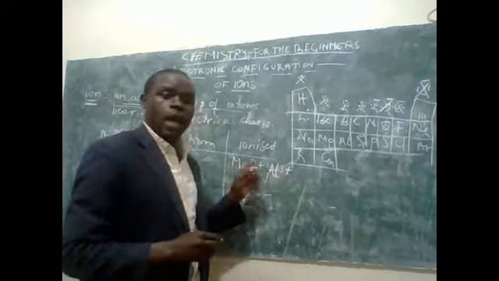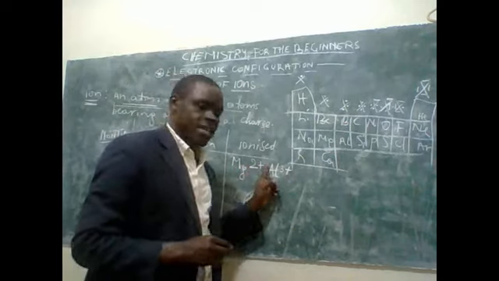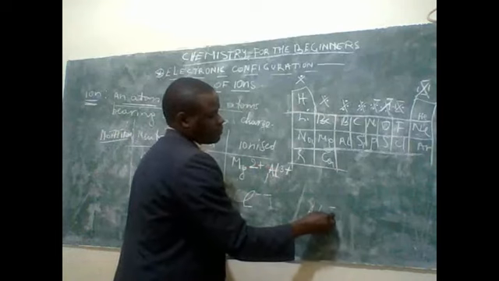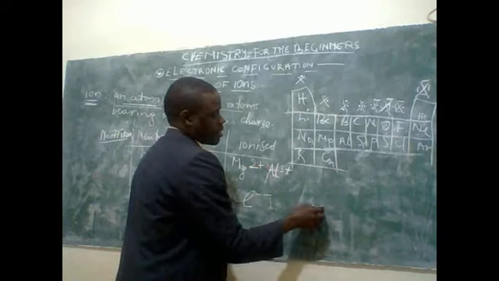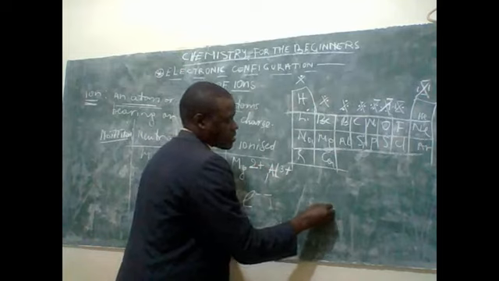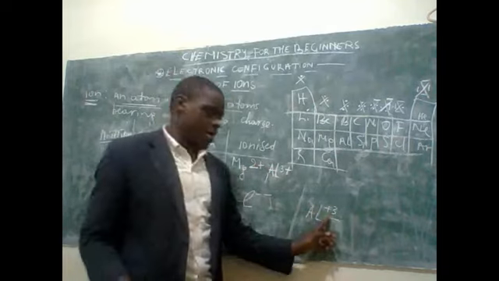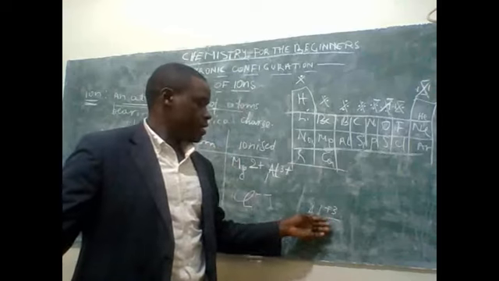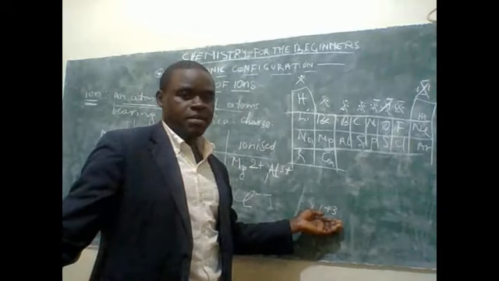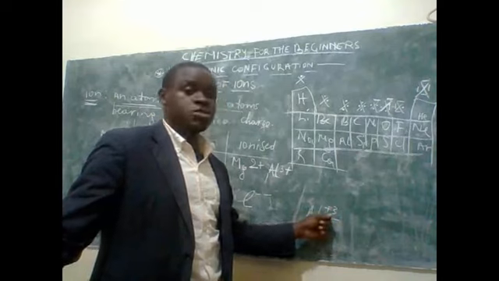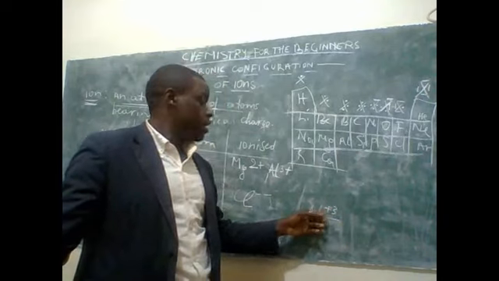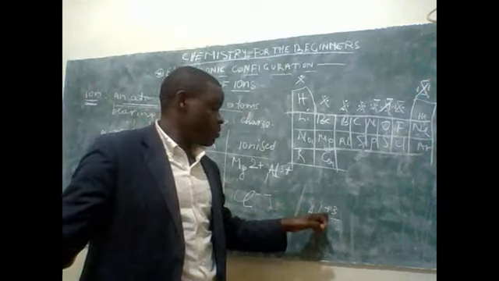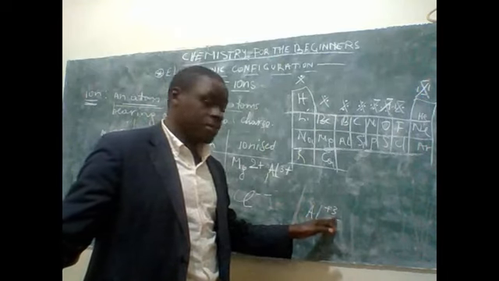We call it 3 positive, not positive 3. Don't write it like this when you are writing about the charges. This means something else, because this is the oxidation state. Oxidation state is where we start with the sign and end with the number.